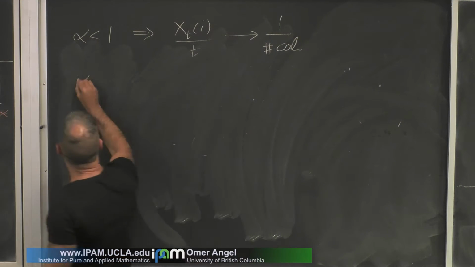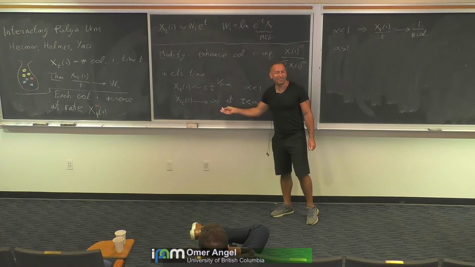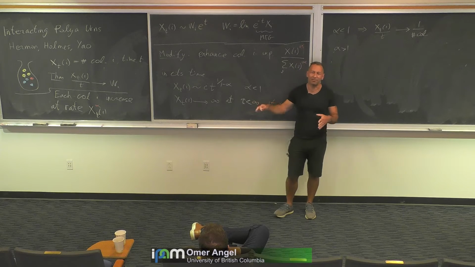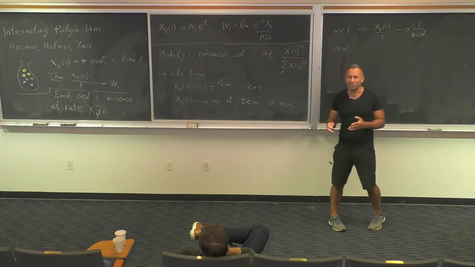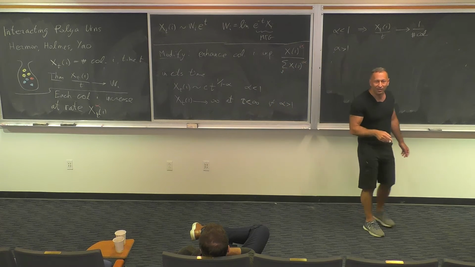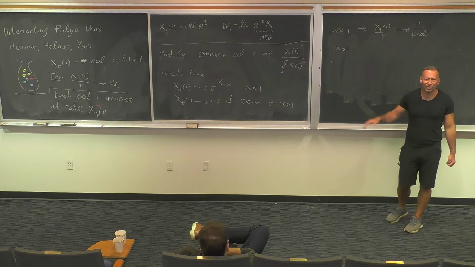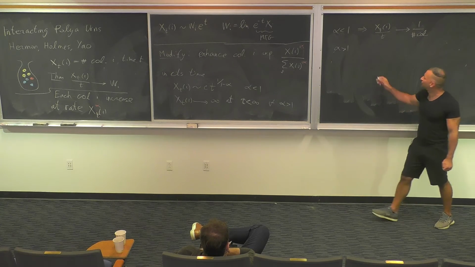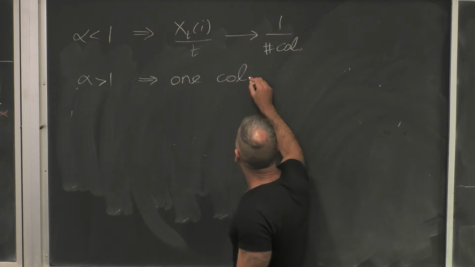Whereas if alpha is more than 1, then at some finite time in the continuous time process, one of the colors tends to infinity, and all of the other colors are still finite. This explosion time tau is a continuous variable. So that means that at some time, one color will go to infinity and all the others are still finite. So this means that one color wins.